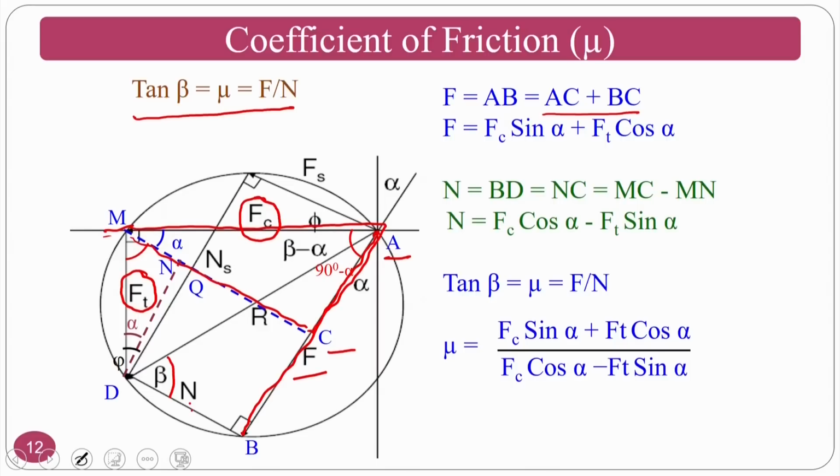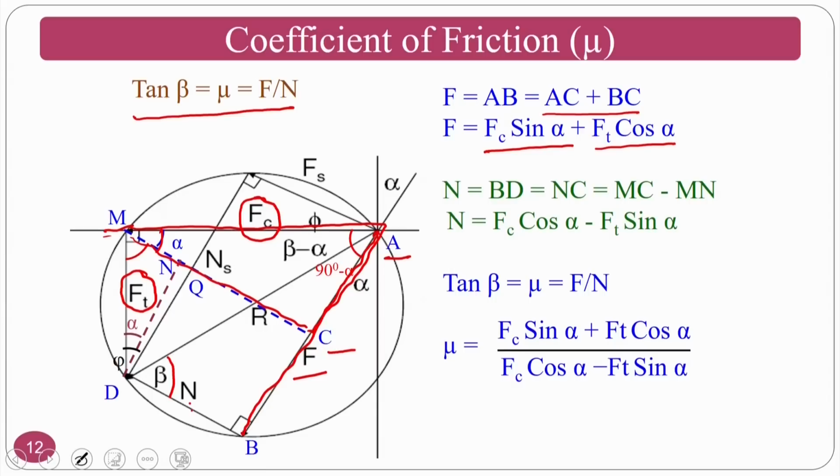From this triangle, I can say that this is Fc sin alpha. From the trigonometry you can get, this is alpha. So this is Fc sin alpha and BC is Ft cos alpha.